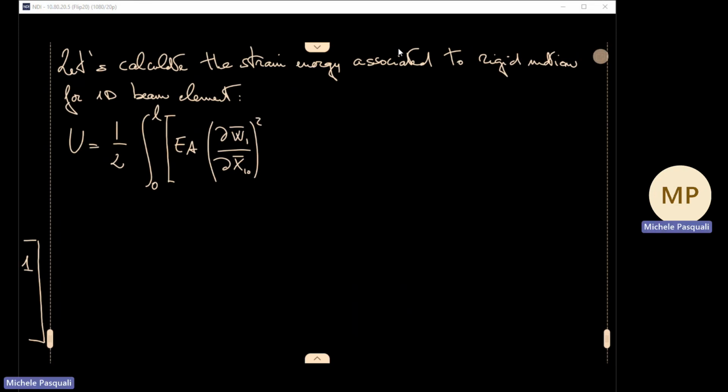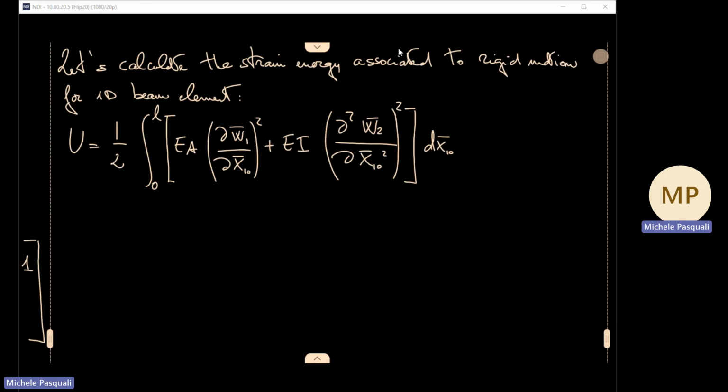This is the strain energy associated to axial deformation, plus the second order derivative of the transverse deformation, always with respect to X10, squared. All this being multiplied, of course, times dX10 over bar.